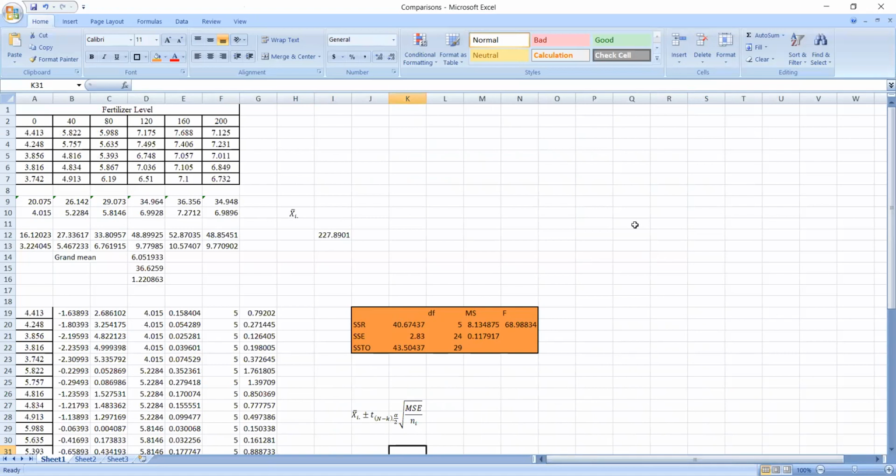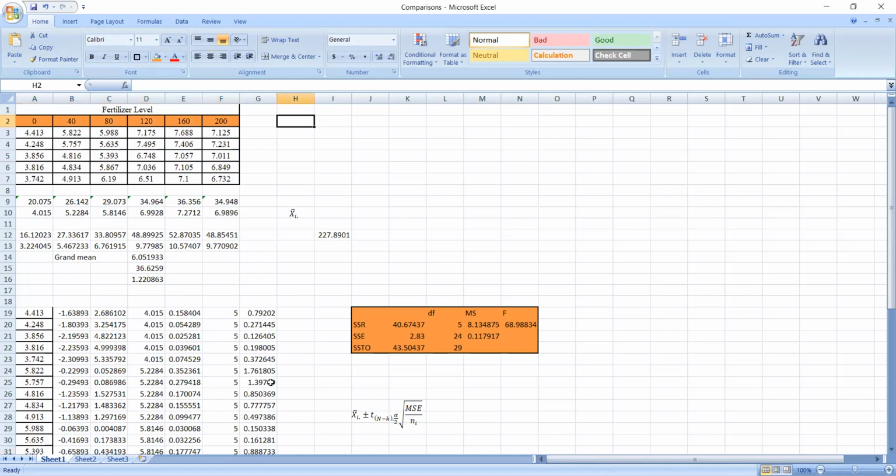Yes, madam. Okay, now here, this is our data set. We have the different fertilizer levels, and these are the treatments. So you have 6 different treatments.